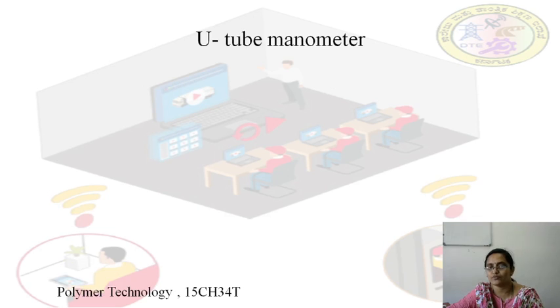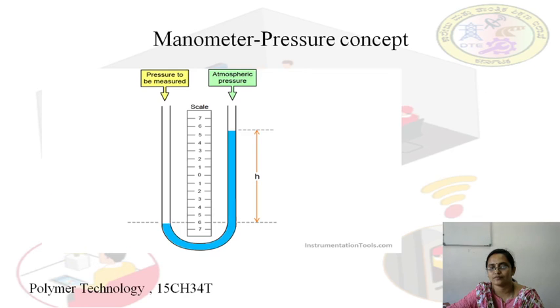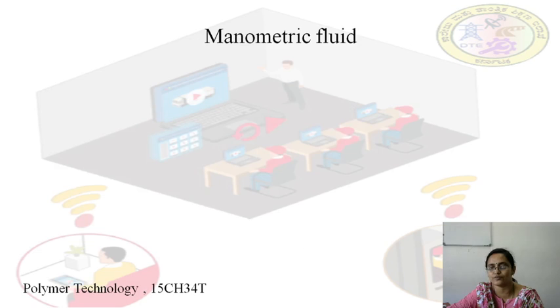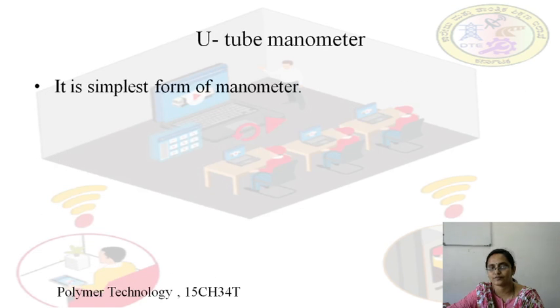Now the U-tube manometer. As previously shown in the figure, this is a U-tube manometer, the simplest form of manometer.